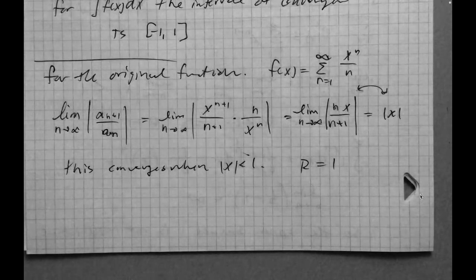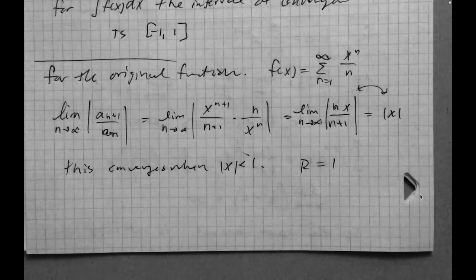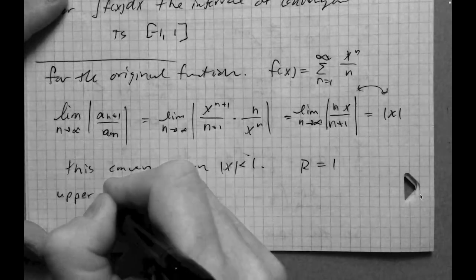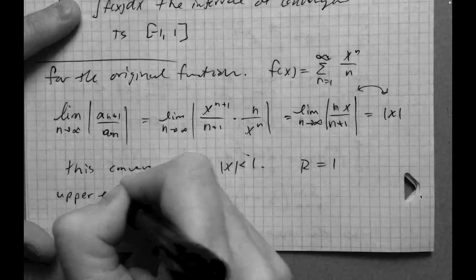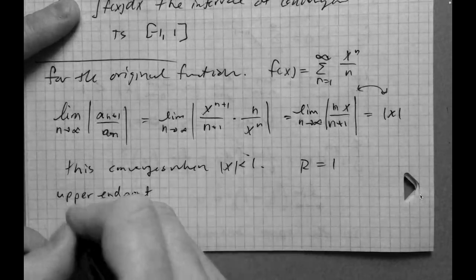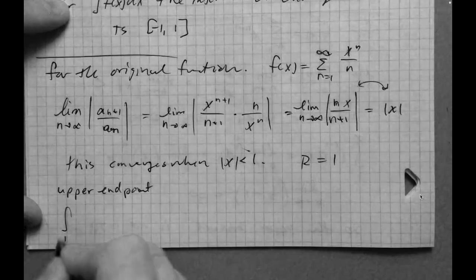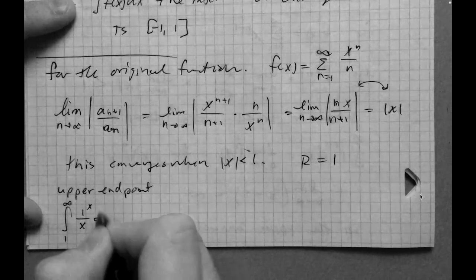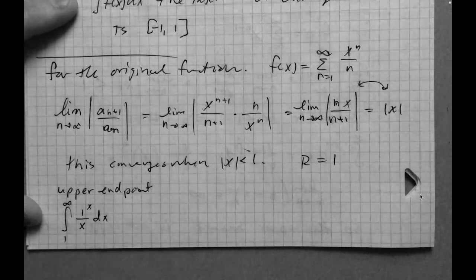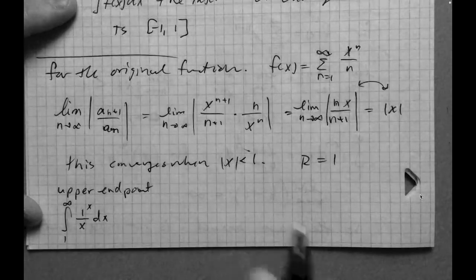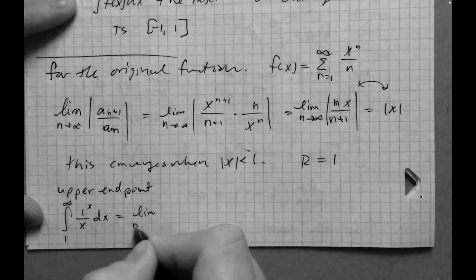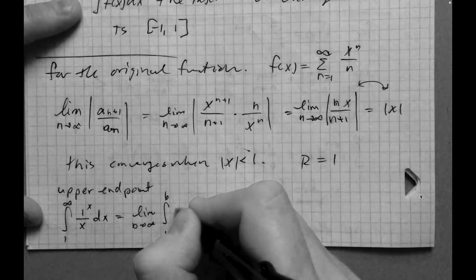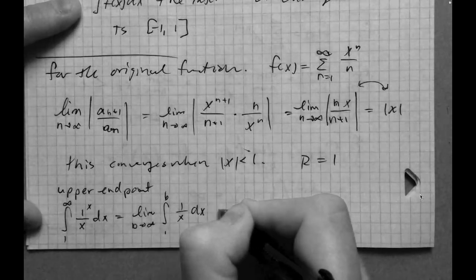But now what about the upper endpoint? The integral test can be used to look at the upper endpoint. We just have to confirm whether the integral from 1 to infinity of 1 to the x over x dx converges or diverges. So this is the limit as b goes to infinity of the integral from 1 to b of 1 over x dx.